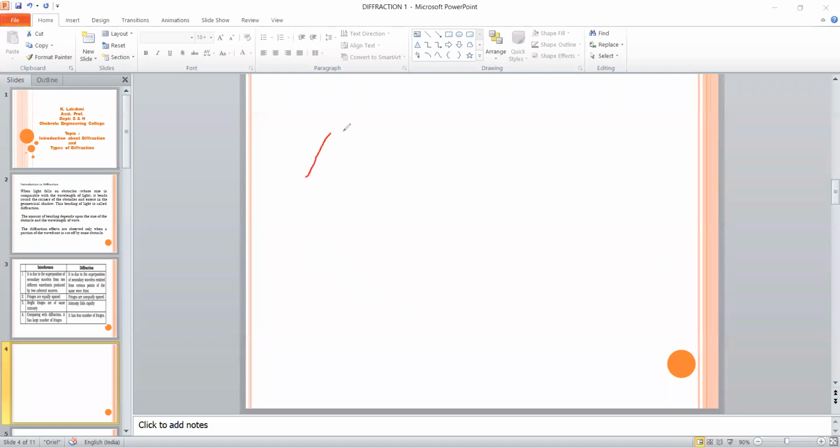So this is the intensity distribution curve for interference. This peak indicates the maximum intensity case.